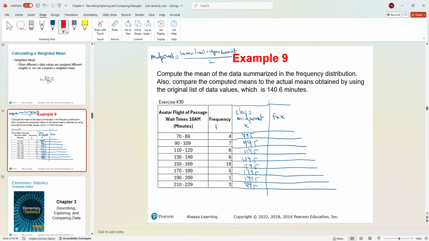In the third column, for example, you do 79.5 times 4.